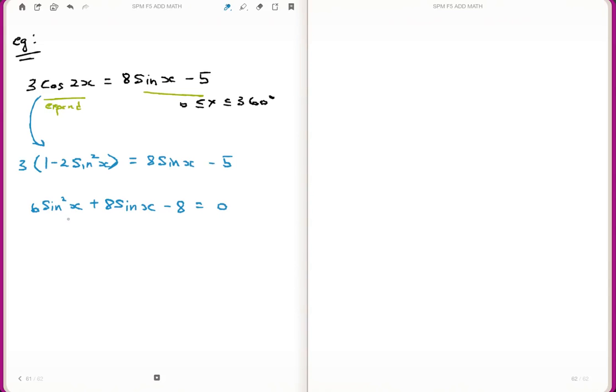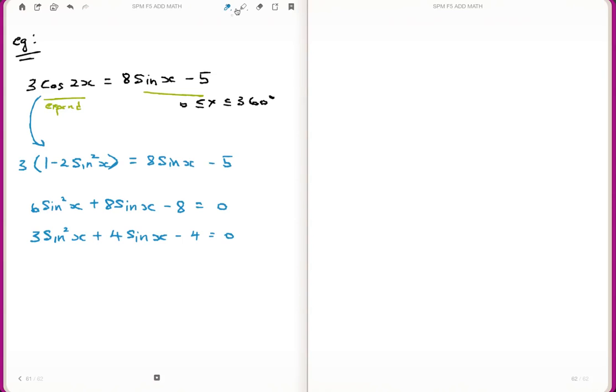Factorize them, maybe divide by 2, so you get 3 sine squared x plus 4 sine x minus 4 equals 0. Then from here, you need to make use of Form 4 chapter 2 factorization.